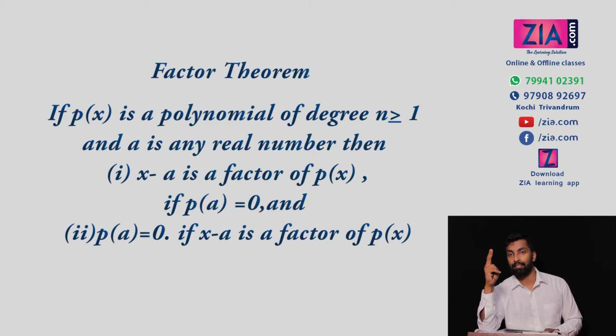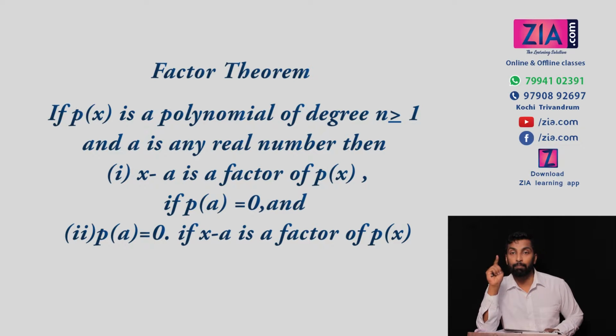Now let's take two cases. If the divisor, which is a linear polynomial, x minus a here, is a factor of p of x, you will get remainder 0. Or the divisor is x minus a, and when you find p of a, if you get remainder 0, then x minus a is a factor. That's what factor theorem is. And I hope you understood it completely.